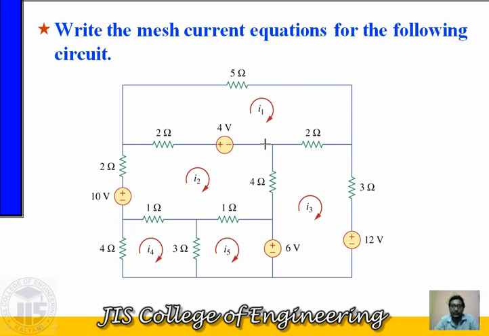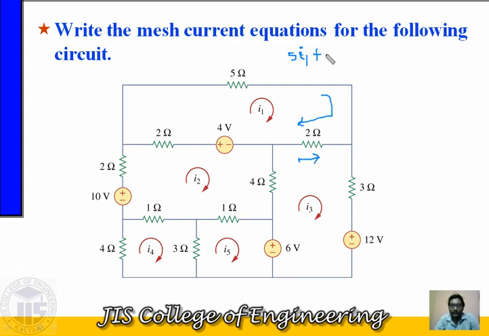So for this first mesh, if we consider this 5 ohm resistance, normally we can write 5 of I1, then there is a 2 ohm resistance, so plus 2 for this I1 is in this side, and this I3 loop is in opposite side.